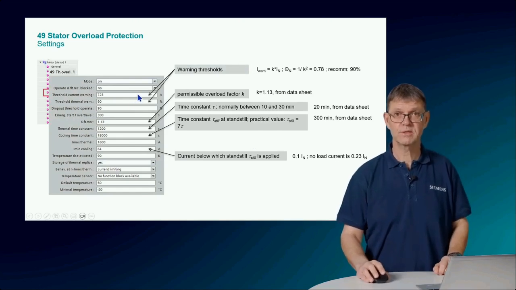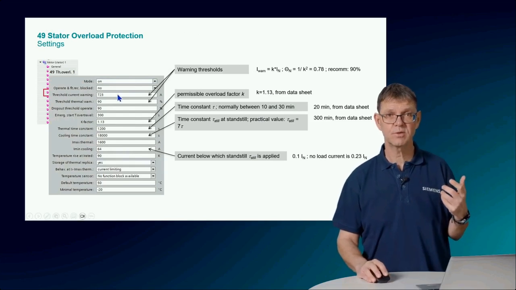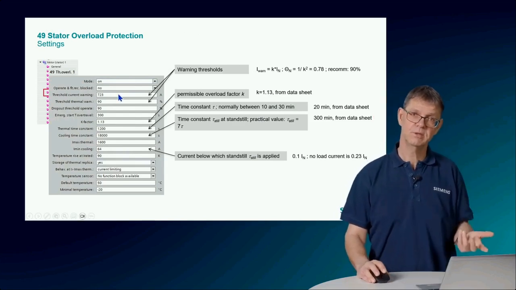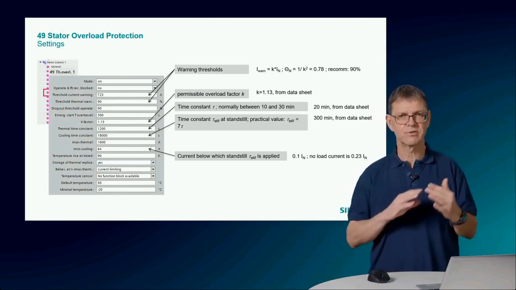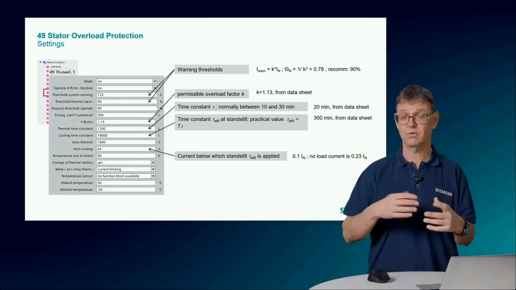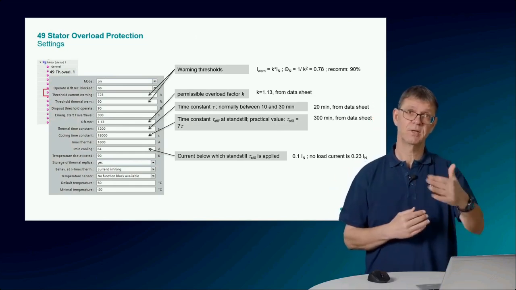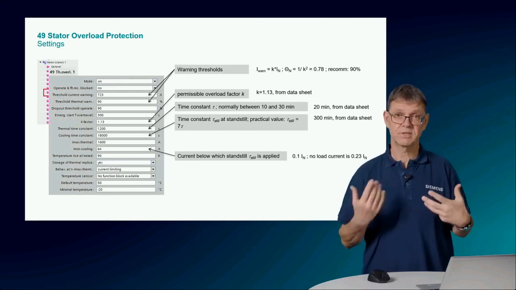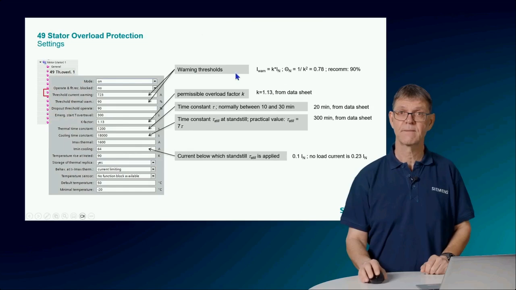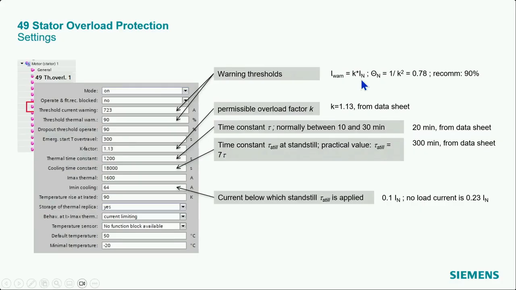Then I have two warning thresholds. The first is a current warning threshold. So here, practical approach is to take K times IN. So if I go over that current for a longer time, then I will overshoot the maximum temperature. If I'm below, not. So this could be a good warning threshold. And for the temperature itself, we need to think about the maximum temperature is 1.